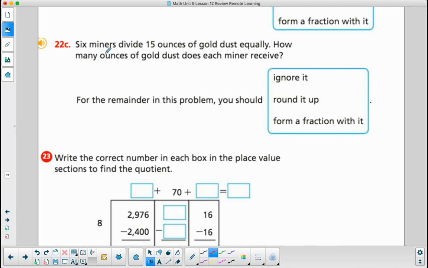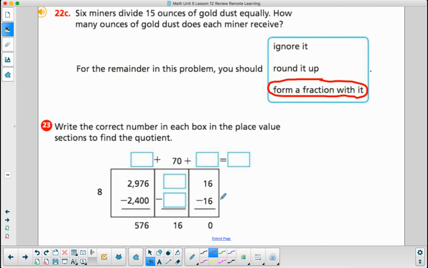Each of the miners is going to want an equal share of that, so that needs to be divided up too. So when I divide a number less than by a number greater, I get a fraction. So I'm going to form a fraction with my remainder. I also think of what my remainder represents.